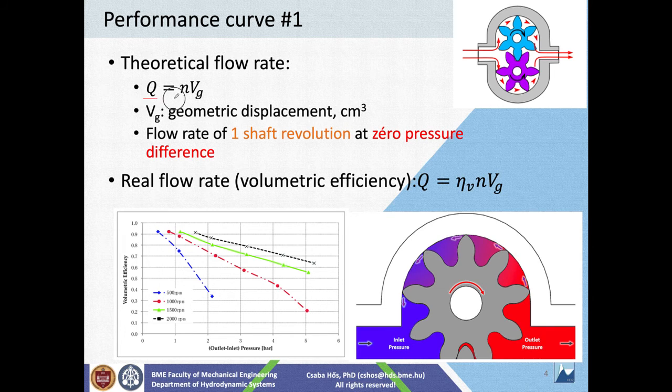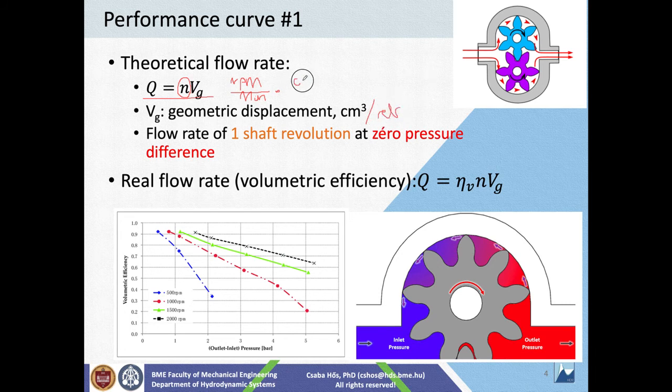So the theoretical flow rate is the revolution number, given in rotations per minute, times this thing here, which is called geometric displacement. Usually we say that it is cubic centimeter or liter, so it's a volume, but in reality it is the volume per revolution.